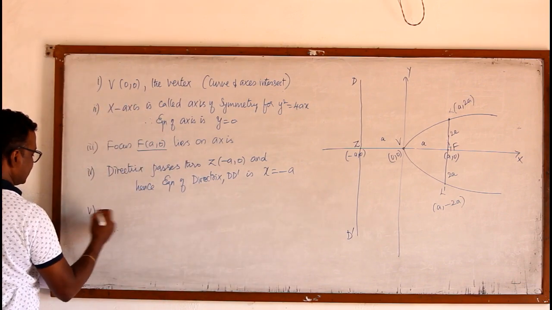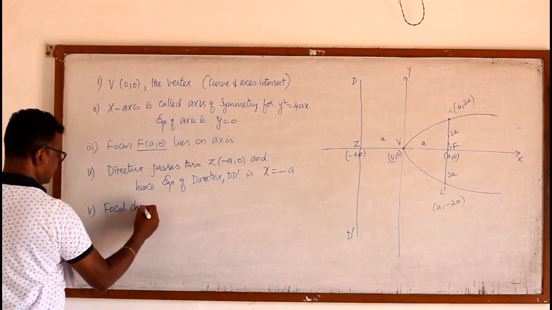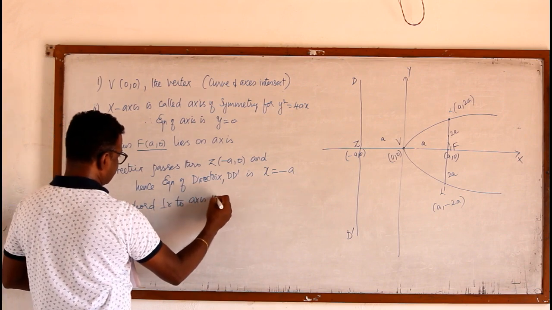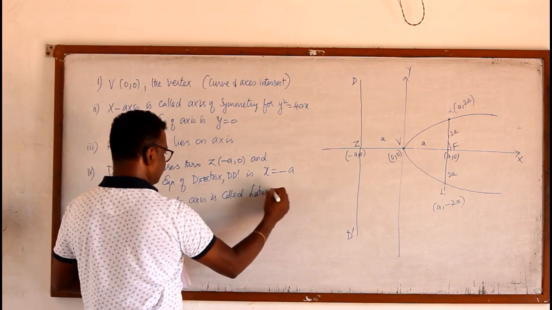Then the fifth one, a focal chord perpendicular to the axis is called the latus rectum.